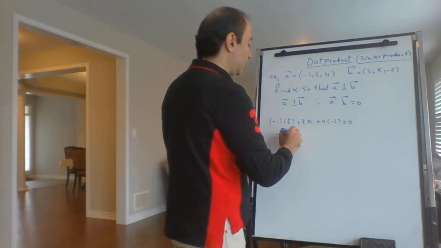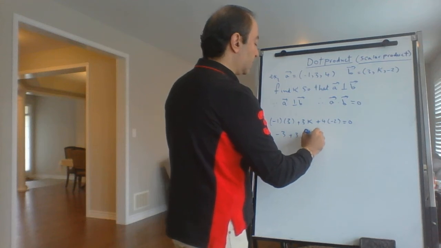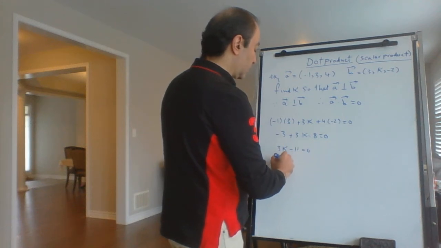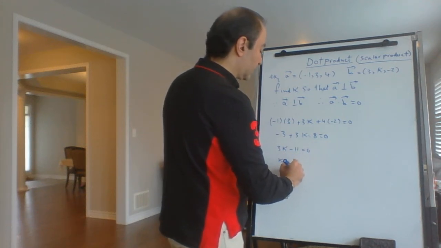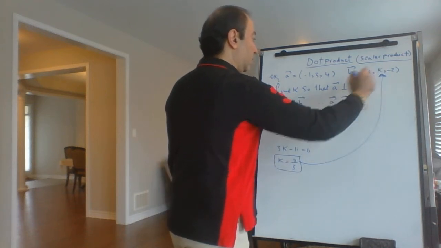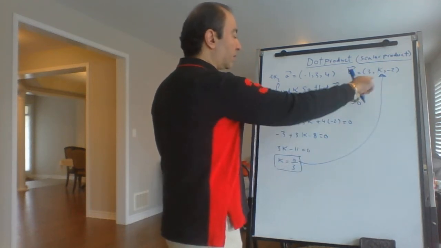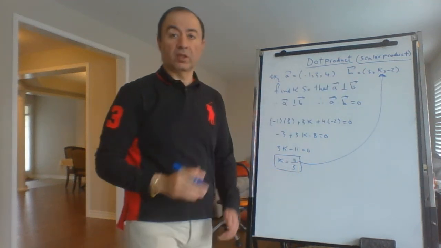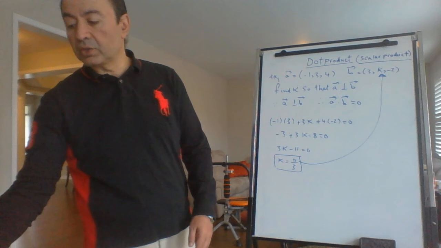So negative 3 plus 3K minus 8 equals 0. So 3K minus 11 equals 0. So K equals 11 over 3. So that means if K equals 11 over 3, these two vectors will be perpendicular to each other, making 90 degrees with each other.